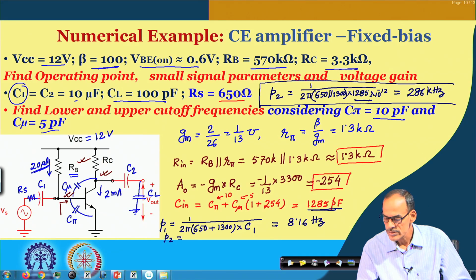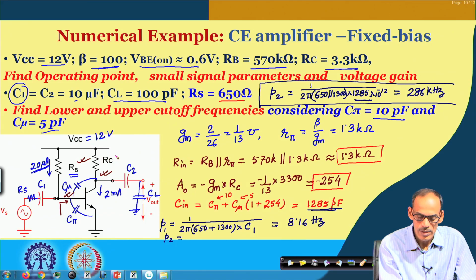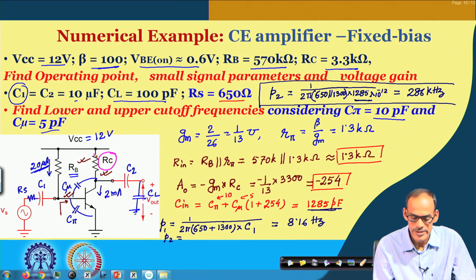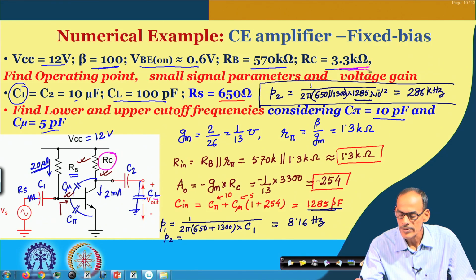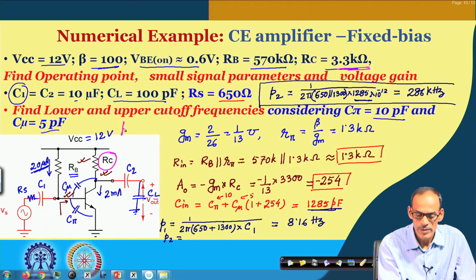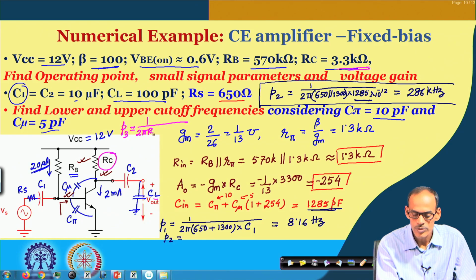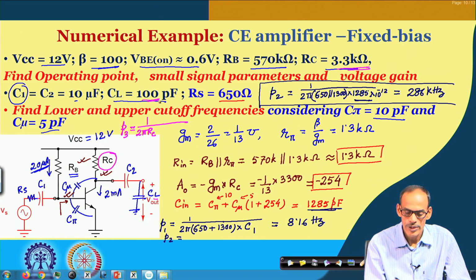Now, if I calculate the third pole, namely the pole coming from the output resistance, which is R c, and then the C L, and R c is given here. So, the third pole, let me use this space to calculate, which is 1 by 2 pi into output resistance, which is R c, and then output capacitance, which is 100, and then also C mu coming there.